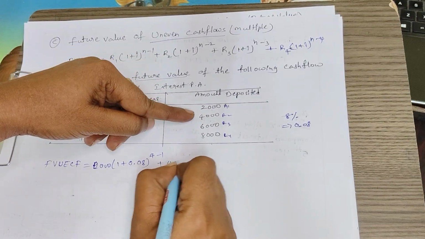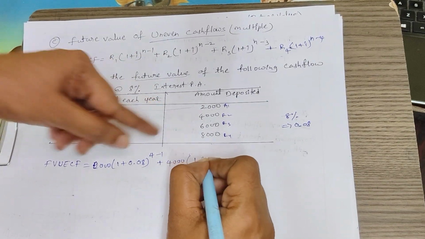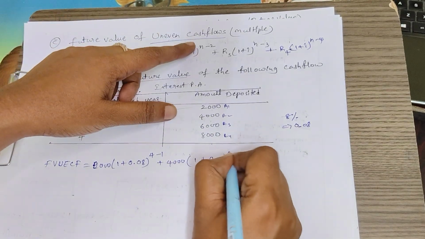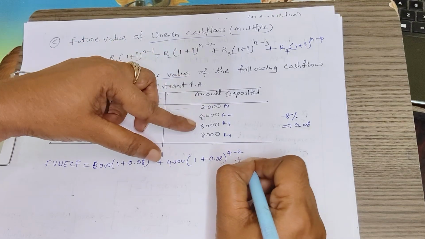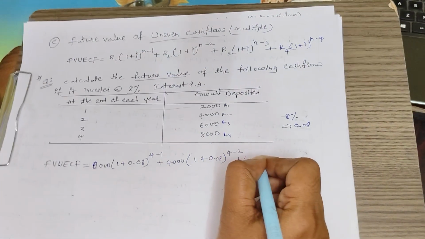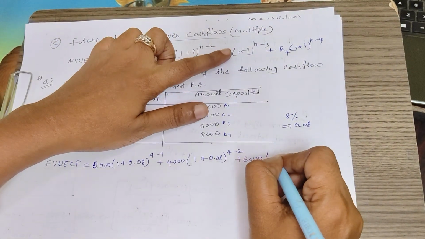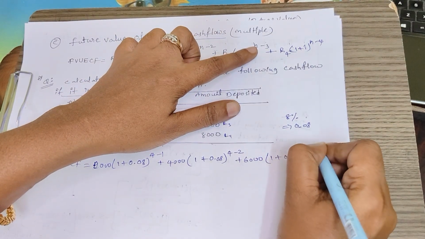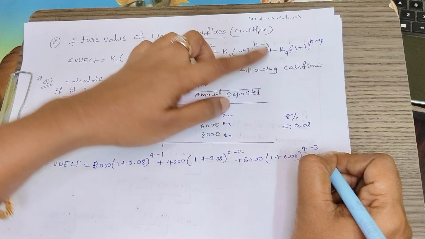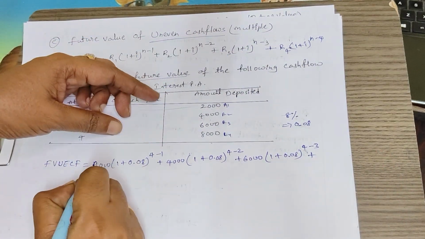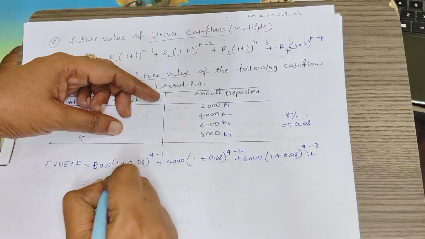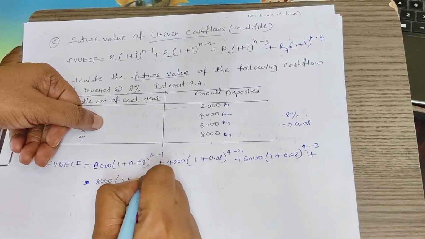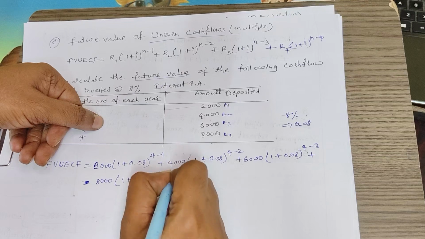Plus R2. What is R2? 4000 into 1 plus I, interest rate 0.08. N is equal to 4 minus 2. Plus R3, 6000 into 1 plus I, 0.08. N is equal to 4 minus 3. Plus R4. How much is R4? R4 is equal to 8000. So 8000 into 1 plus I, 0.08, 4 minus 4.